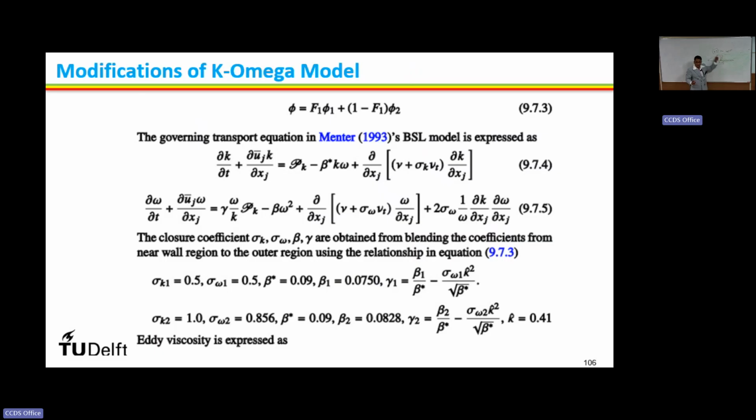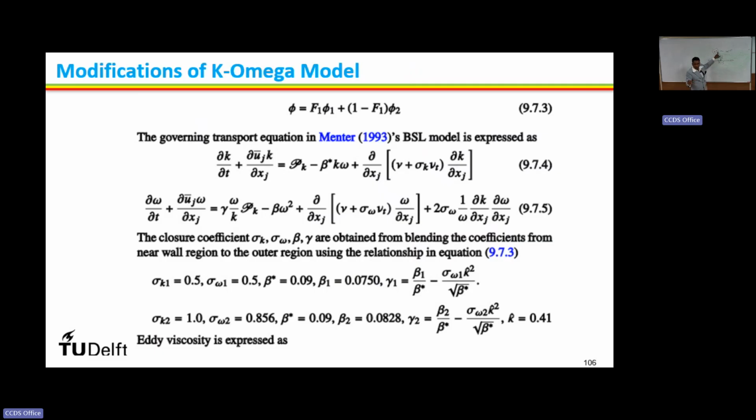Then the idea of Florian Menter is to blend these two models, so that there is a new model which performs close to the wall as k omega, and away from the wall performs as it is a k epsilon model. The philosophy of developing the SST model, shear stress transport model, is that close to the wall, the SST model should perform as the k omega model.